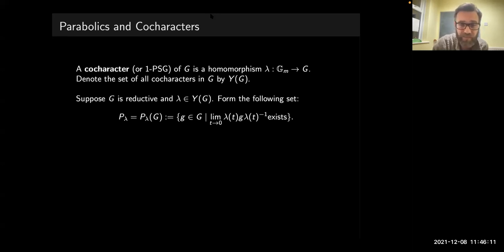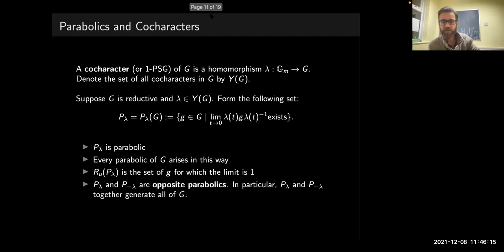But let me just collect some properties of these guys while I've got them on the screen. So in fact, you retrieve a parabolic subgroup. These P_lambdas are parabolic. And even better than that, every parabolic has this form. Okay, so for every lambda, P_lambda is parabolic, and for every P that's parabolic, I can find a lambda. In fact, it will be several different lambdas, but I can always find at least one that gives me P equals P_lambda.